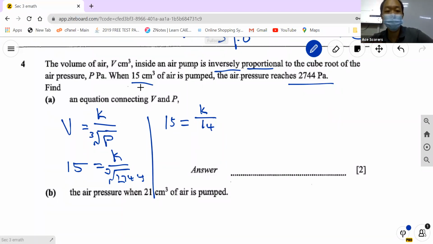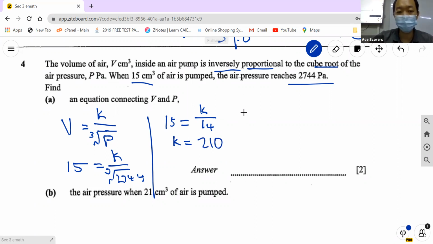You must see the question. So 15 equals K over 14, so K is equal to 210. It's very standard, once you know, it's just fixed. So we always need to find K.